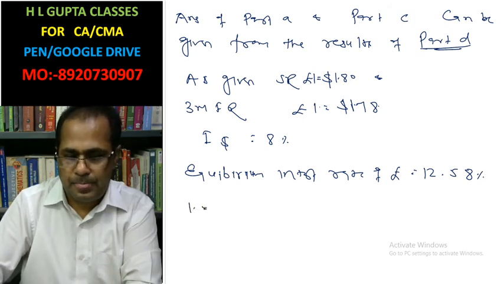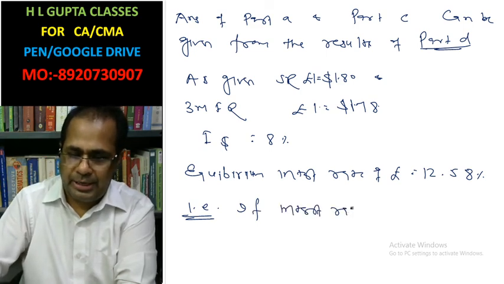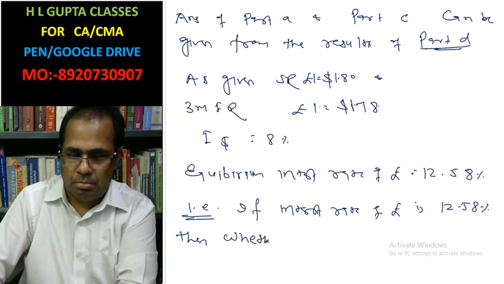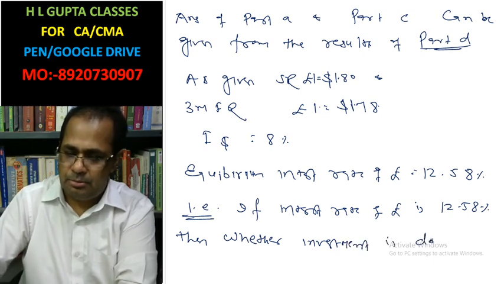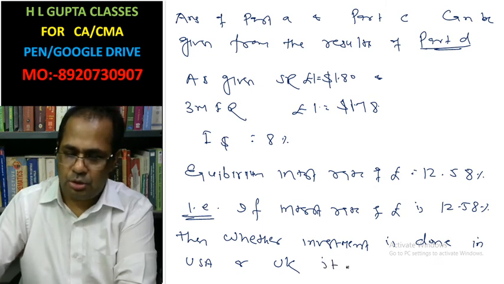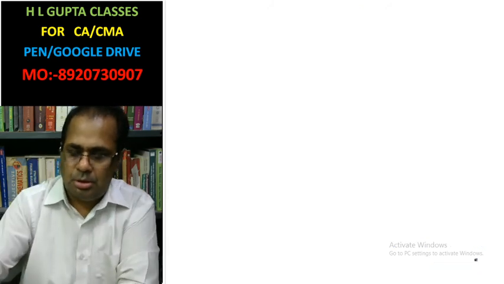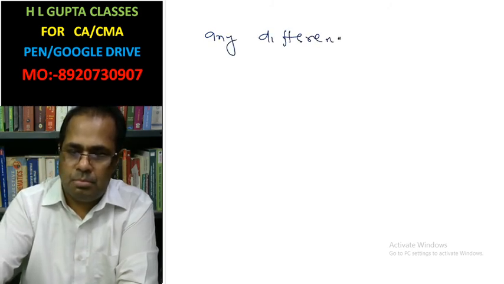That is, if interest rate of pound is 12.58%, then whether investment is done in USA or UK, it does not make any difference.